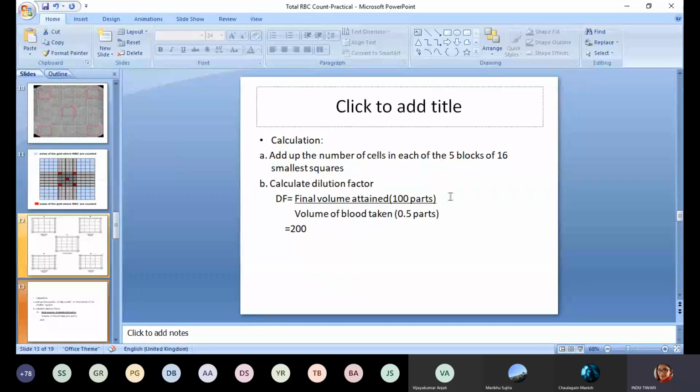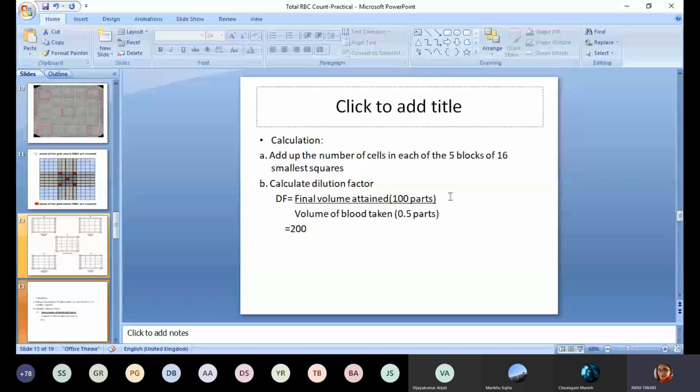But while you sucked it up to 101, the 0.5 was already taken up by the blood, and the remaining 0.5 you tapped away because that was not diluted with the blood. So you discarded about 0.5. So the total volume of fluid only that you have is 100. So the dilution factor here is 200. Are you following me or not? Yes, ma'am. Yes, so the dilution factor is 200.